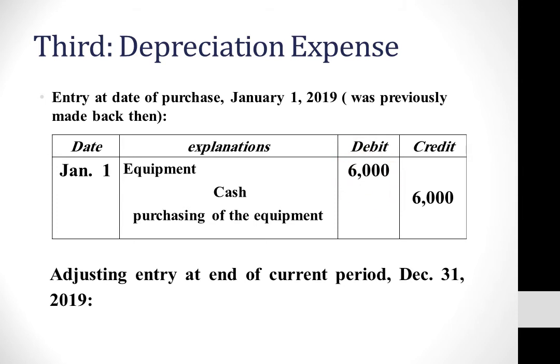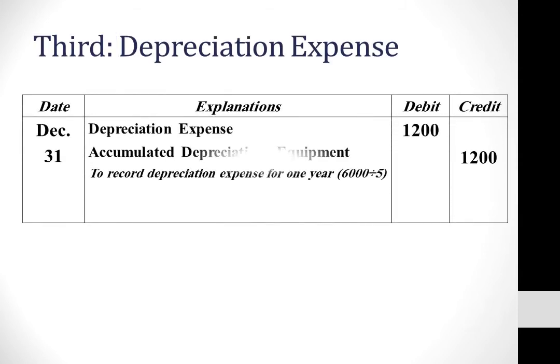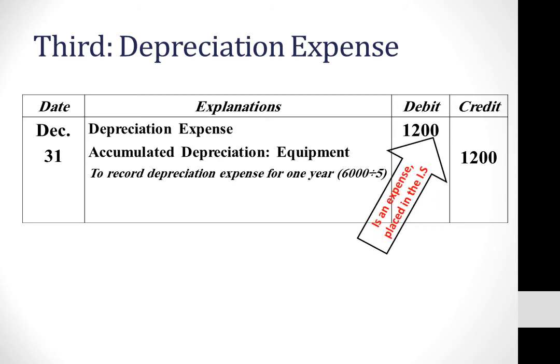So an adjusting entry will tell us that we have a depreciation expense for equipment, and the value of the fixed asset will also decrease by the same amount. Here is the adjusting entry for depreciation. We are going to divide 6,000 by 5 and the result will be 1,200.